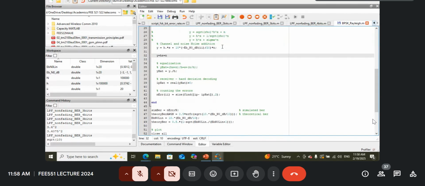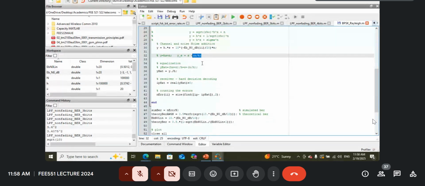In generic form, Y is equal to HS plus N. So what you can do, you can say Y that you're estimating is equal to, if you divide by H, S plus N over H. But because the distributions of N and H are the same, N over H will just be another random value which is complex, isn't it? But you see, you have it in the form as we had before: S plus some random value which we can consider as noise.